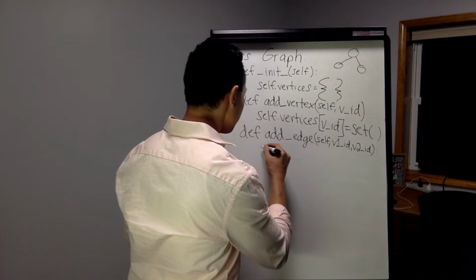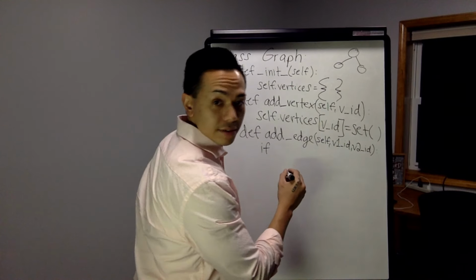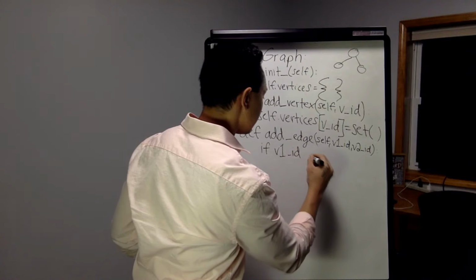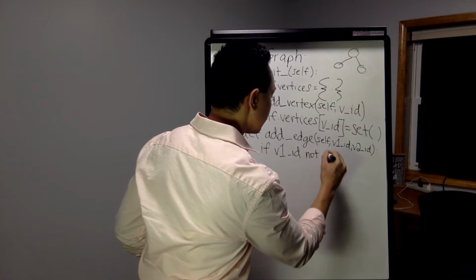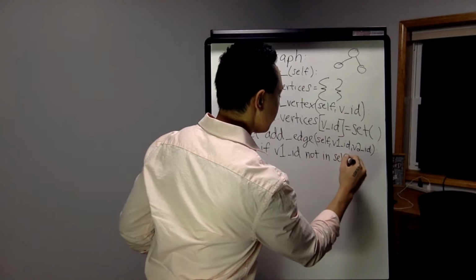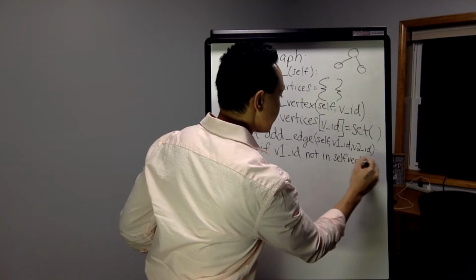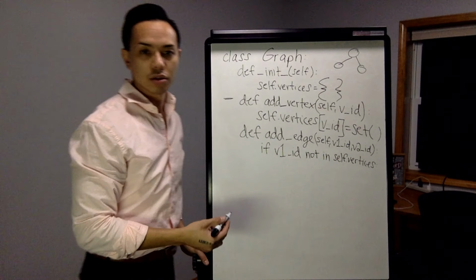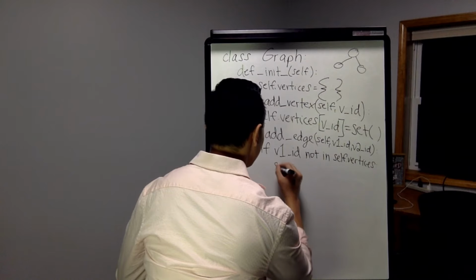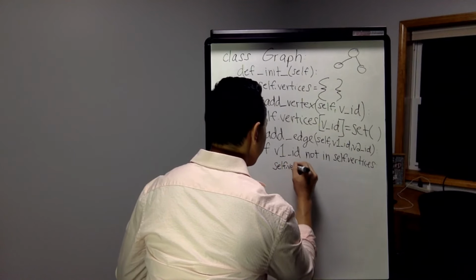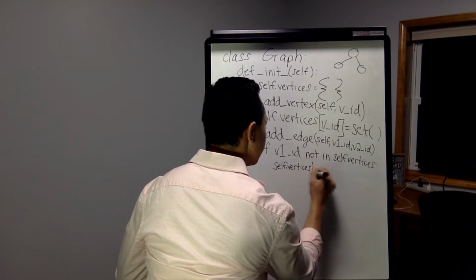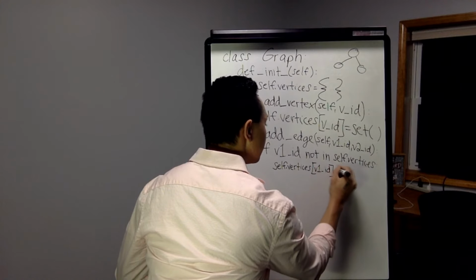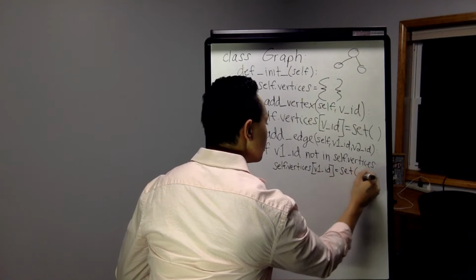So we're going to say if vertex 1 ID not in self.vertices, do the following: self.vertices at the index of vertex 1 ID is equal to an instance of a set.